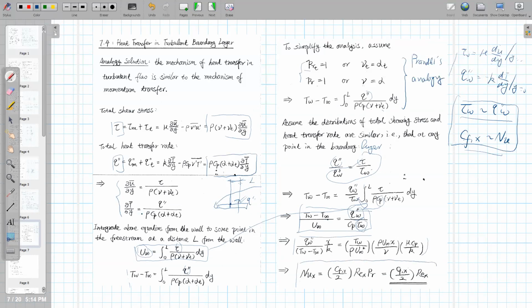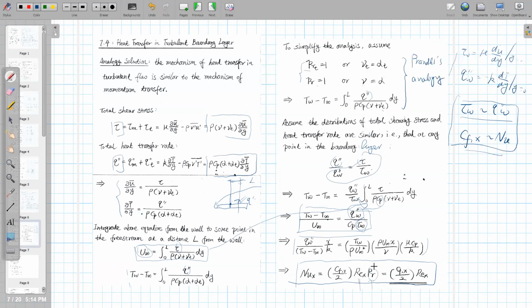So we simply regroup this a little bit to make the parameters non-dimensionalized, and this will be the final result. It's showing that the local Nusselt number at x location will be equal to the local friction factor divided by 2, times the local Reynolds number, and times the Prandtl number.